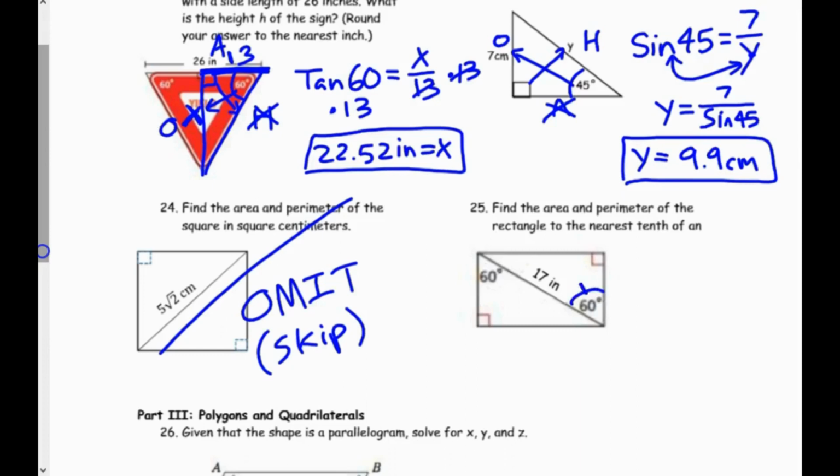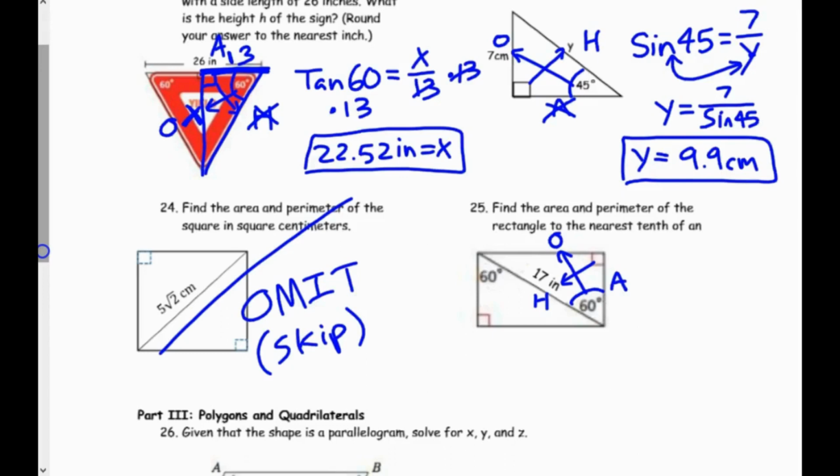Let's label O, H, and A. Now here's the deal. What am I missing? To find area and perimeter, I'm missing both the O and the A, okay? So I'm going to do 2 different trig problems here.